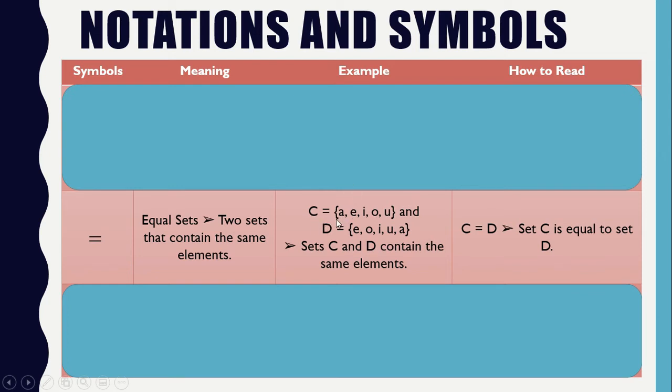Set C comprises the letters A, E, I, O, U, and set D comprises the letters E, O, I, U, and A. You will notice that set C and set D contain the same elements. So, the symbol you will use is the equal set symbol. Set C is equal to set D.